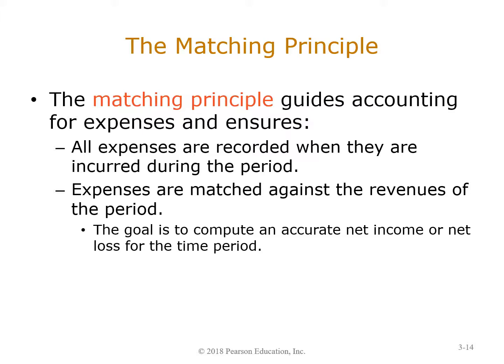So what you do is you keep it as an asset called inventory, and then every time you sell a car, you move it out of inventory and into cost of goods sold, which is an expense. So I like to think of it as most assets get turned into expenses, and it just matters when. And the when is the period in which they helped you earn the revenue.